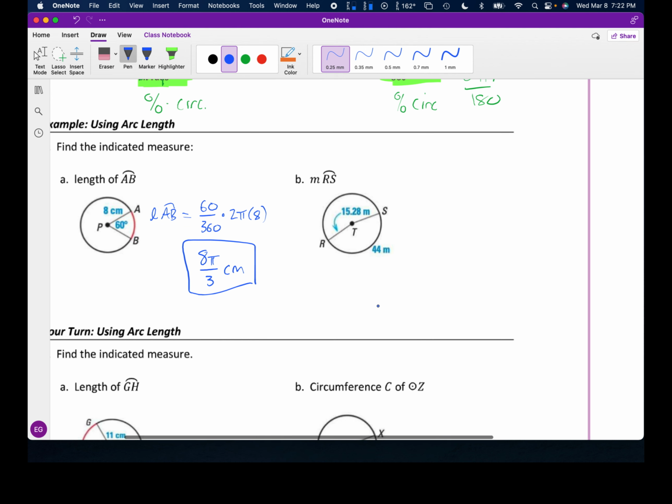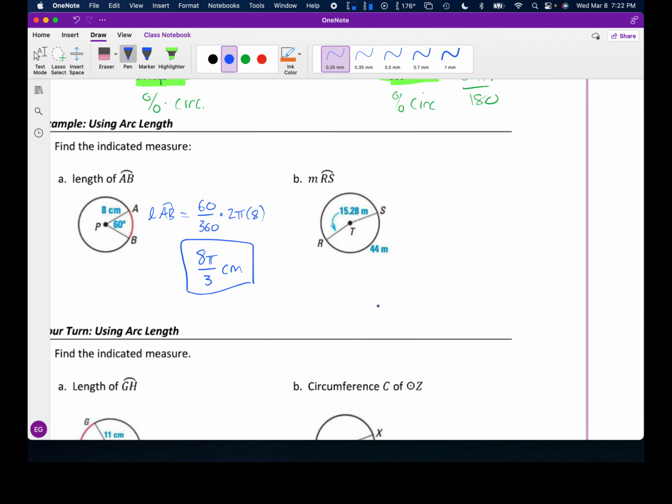For this one, they gave me the arc length. They said the arc RS is equal to 44, and they're asking me what is the actual angle inside. So for this one, we would set it up saying 44, our arc length, equals theta over 360 times 2 pi, and then my radius, which is 15.28.